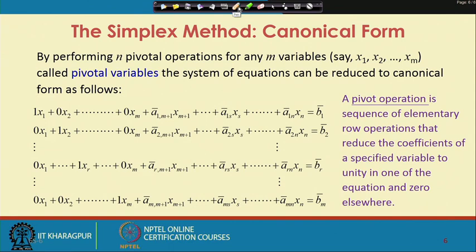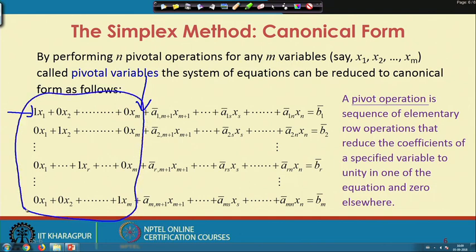If you look at the first equation, the coefficient of x 1 is 1 and the coefficients of x 2, x 3 up to x m are all 0. So, we have considered x 1 to x m as pivotal variables and we have the remaining variables x m plus 1 to x n.